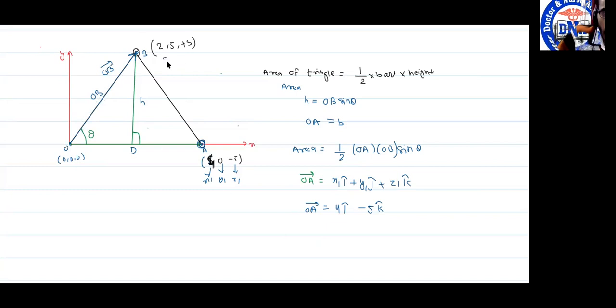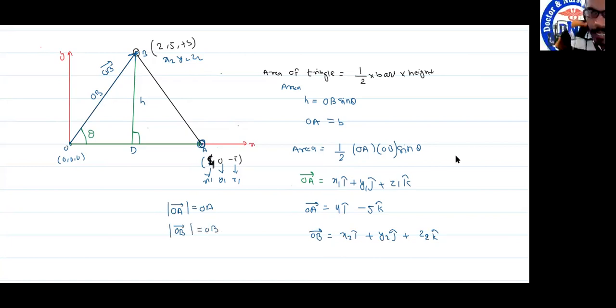Let's suppose this point is x2, y2 and z2. So the OB vector is x2 i cap plus y2 j cap plus z2 k cap. Correct? So the magnitude of OA vector is OA. In the same manner, magnitude of OB vector is OB.